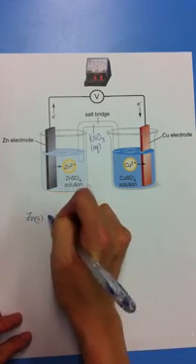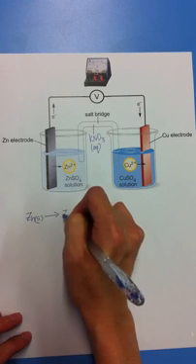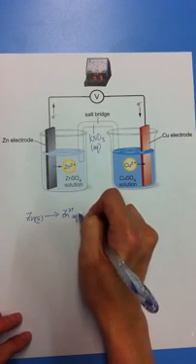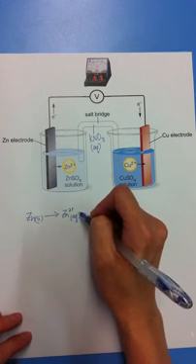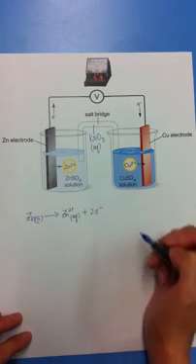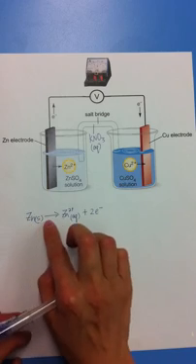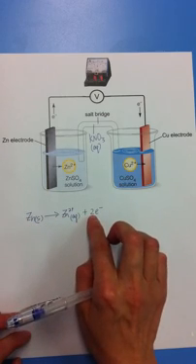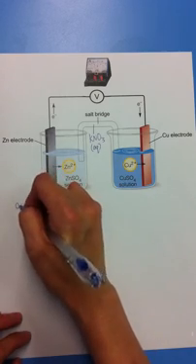Zinc is being oxidized to form zinc ion by losing electrons, represented by this oxidation half reaction.